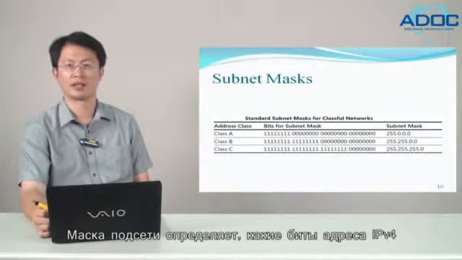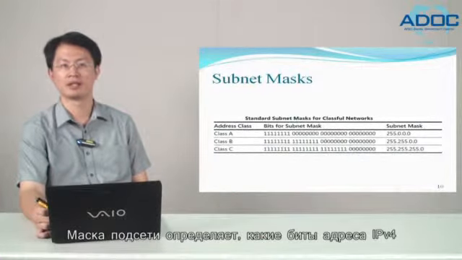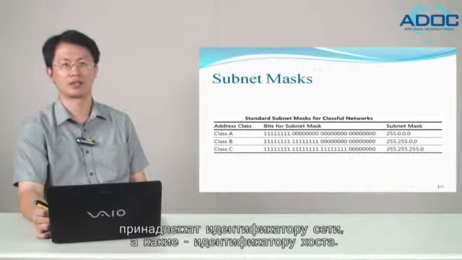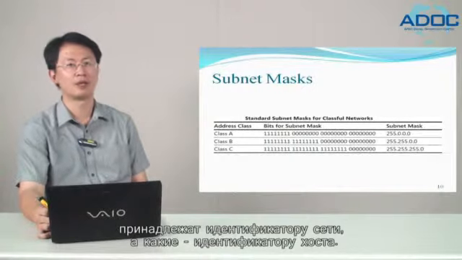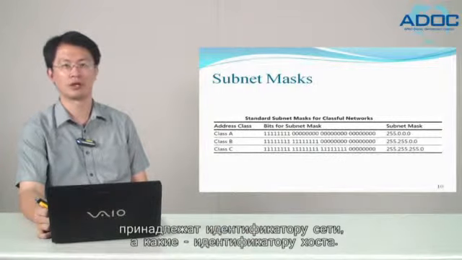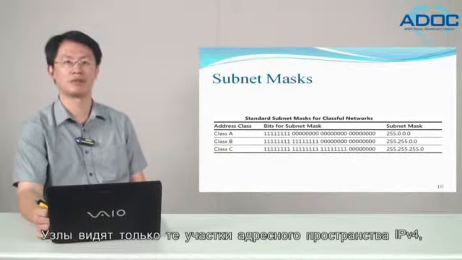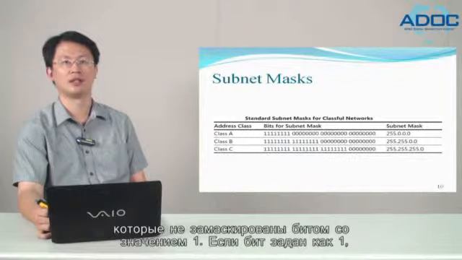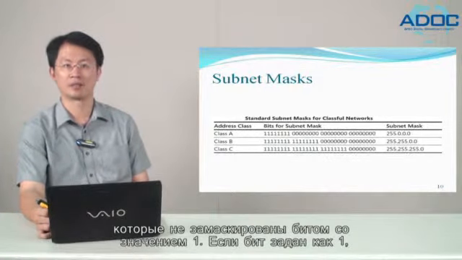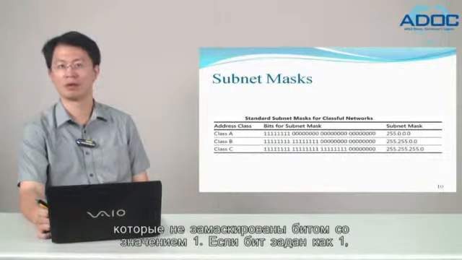The subnet mask identifies which bits of the IPv4 address belong to the network ID and which bits belong to the host ID. Nodes can see only the portions of the IPv4 address space that aren't masked by a bit with a value of 1.